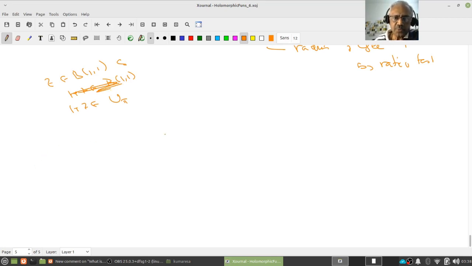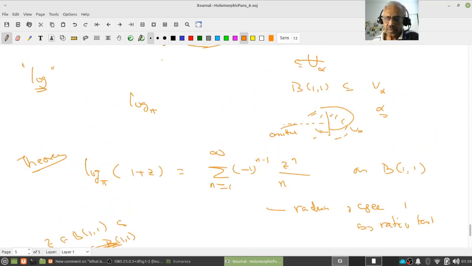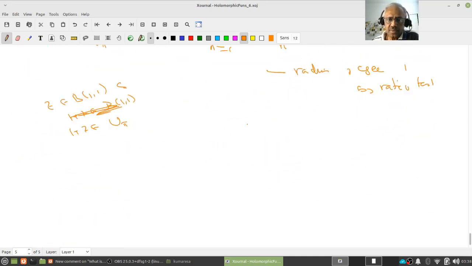Now I want to prove these two are equal, on this open set B(1,1). Whenever you use calculus, or you can talk about differentiability, and I want to show two functions are equal, what is the natural trick you should use? Look at f minus g.